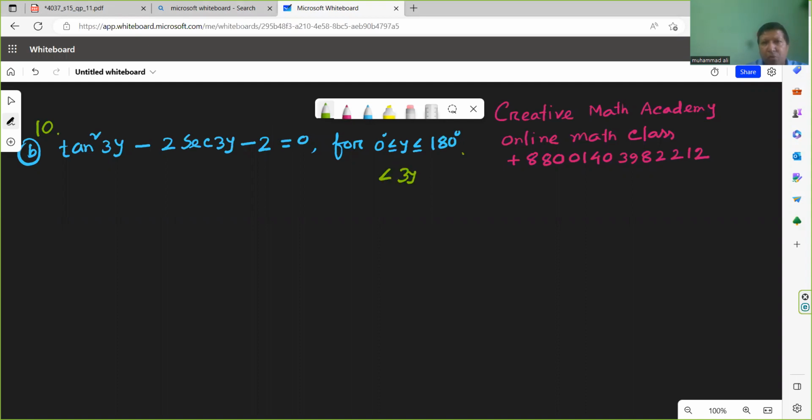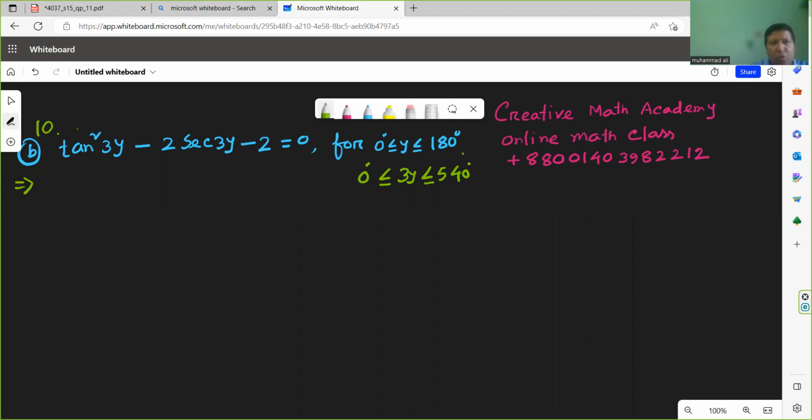We multiply 3 with 0, so it will be 0 degrees. And if we multiply 3 with 180 degrees, it will be 540. So remember, in this B number maths, our interval will be 0 degrees to 540 degrees for 3y. Okay. Now, how can we solve this maths?